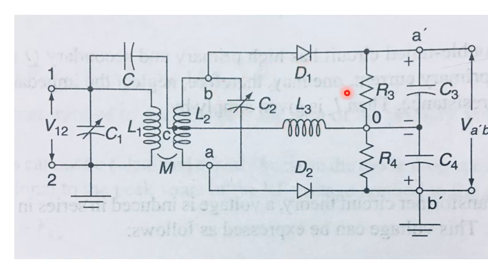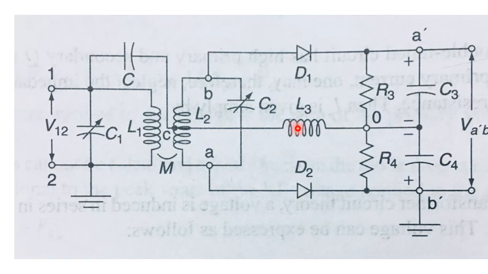Now let us concentrate on the upper circuit, that is the circuit containing the diode D1. Two voltages are applied to the diode. The first is half of the secondary voltage, that is half VAB, and the other is the voltage across L3, that is V12.